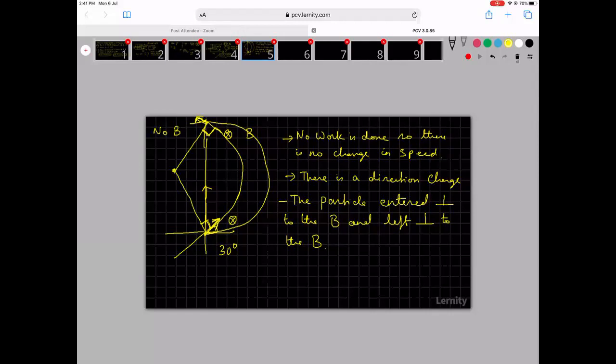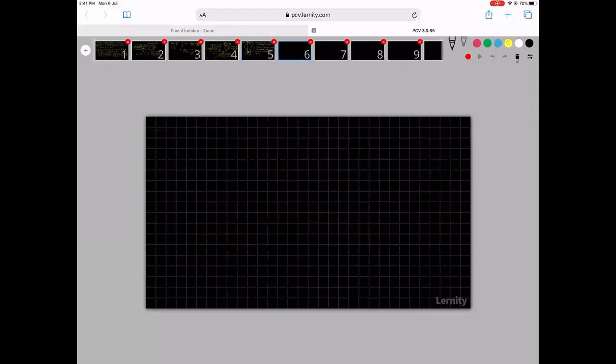Okay, now this is the fifth slide. I'll explain this again. See, there is a magnetic field only in this portion. On this side, there is a magnetic field. On the other side, there is no magnetic field. So suppose a charged particle is entering the magnetic field this way.